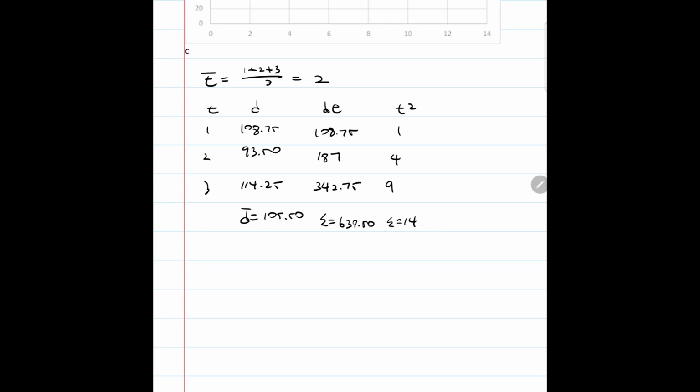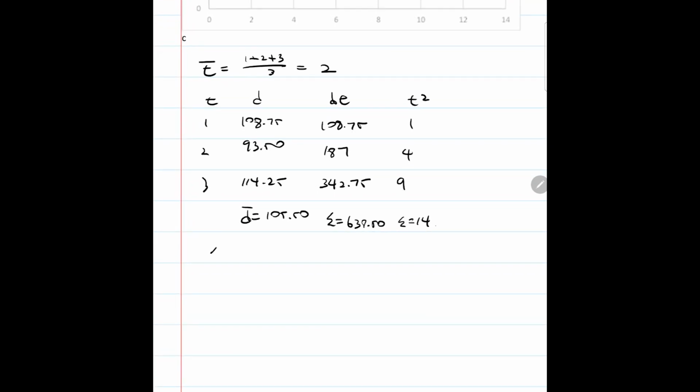Okay, I think we got all the data. So let's calculate p hat, which is going to be sum of dt minus n times d bar, divided by sum of t square minus n times t bar square.